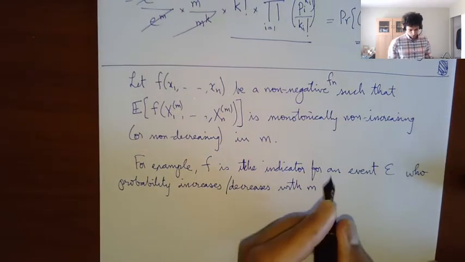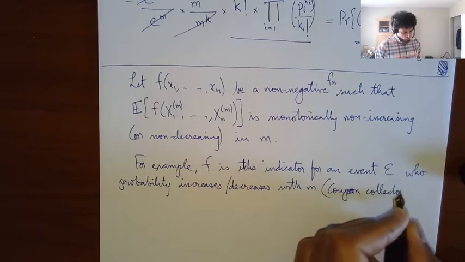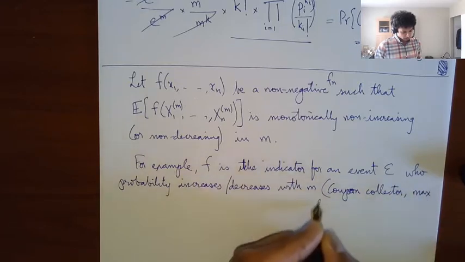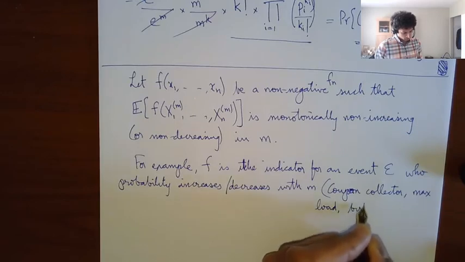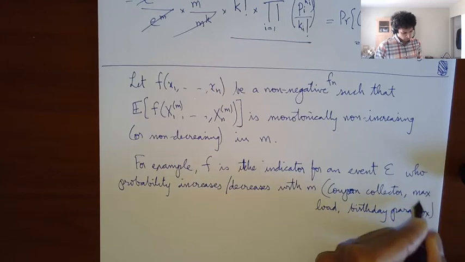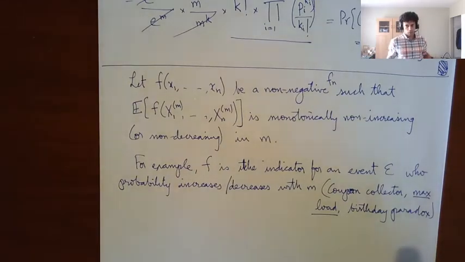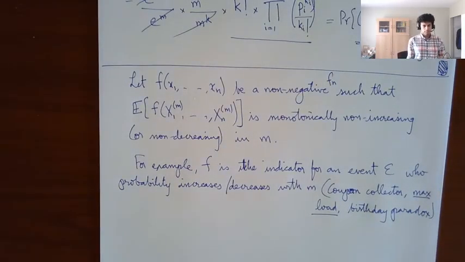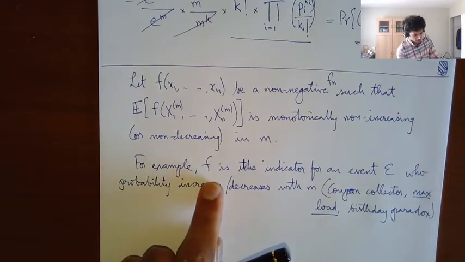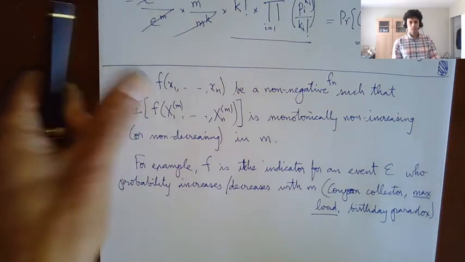And so this covers coupon collector-like situations, coupon collector, maximum load, birthday paradox. I want to focus on max load. Let's say the maximum load is at most something. This probability is only going to decrease as you increase m. So this is a very simple scenario of f being the indicator for an event, but in general, you can take any non-negative function.